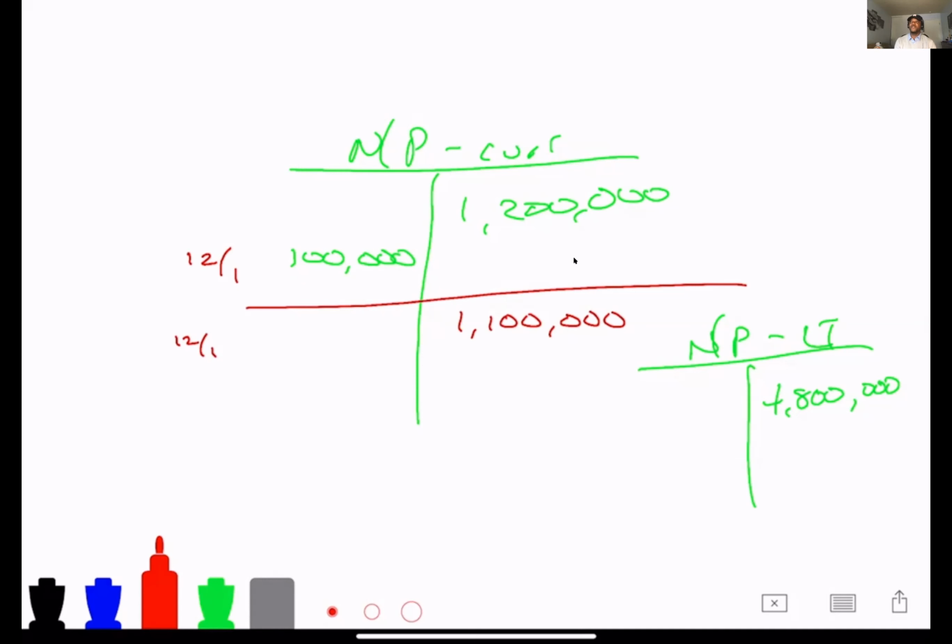How much are we paying every month in principal? Just 100,000. Do we have to pay that 100,000 for the next 12 months? Really for the next 59 months. So over the next 12 months, we owe 1.1 million? Well, I'm getting 1.2 million.